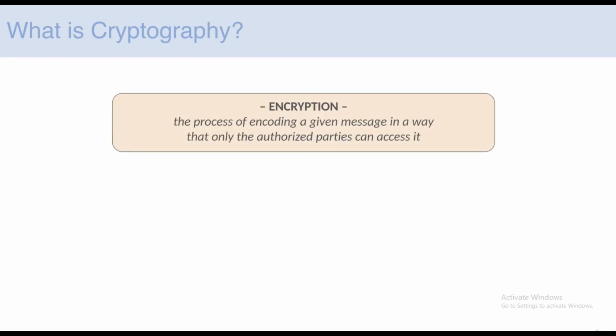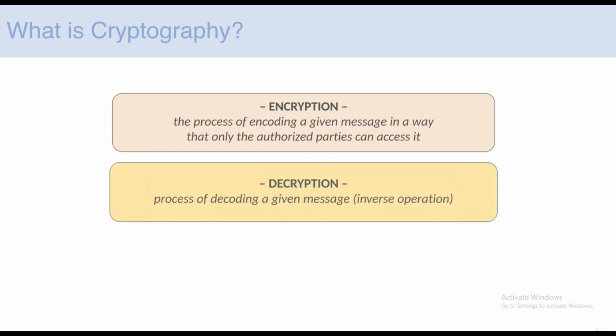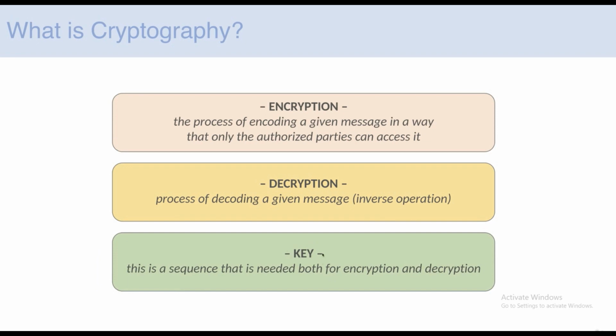Okay, so encryption is the process of encoding a given message in a way that only the authorized parties can access it. What about decryption? Decryption is the process of decoding a given message, so essentially this is the inverse operation of encryption. And finally, what is a private key? This is a sequence that is needed both for encryption and for decryption as well.